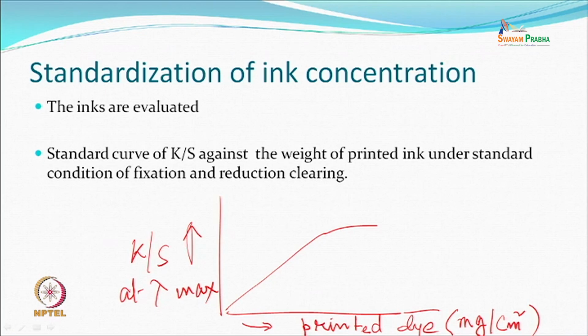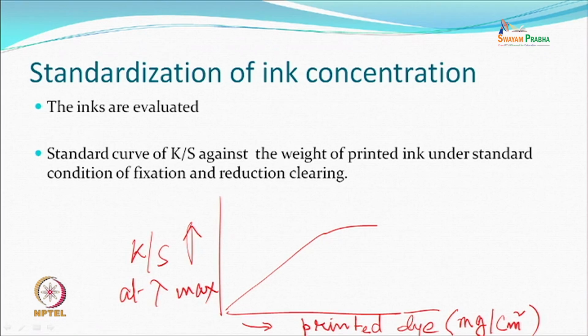Whether it's 20%, 22%, 25%, 15%, or 30%, people would like to know that the same shade will come. So at the end of the whole process, you measure the K/S value of the printed area under the condition of fixation and reduction.